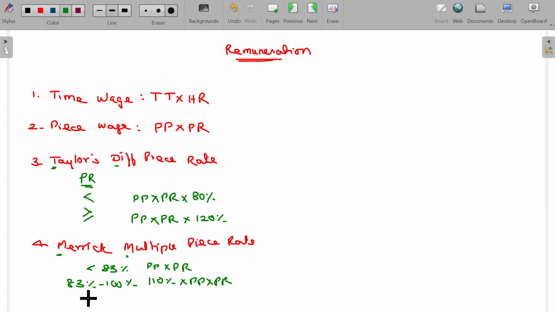If it is more than 100%, then 120% of piece rate will be given. Clear? This is the Merrick multiple piece rate.